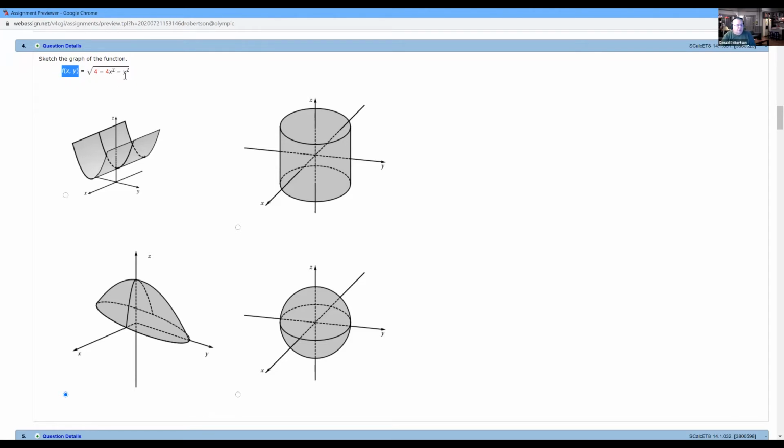Well, if you're looking at that shape there, do you see that shape there when you make it equal 0 as an ellipse? Isn't 4 take away 4x squared minus y squared essentially 4x squared plus y squared equals 4, and that's an ellipse. So I was looking for the shape that had an ellipse, which is that shape there. I'm not really convinced that that's obviously on the floor, but it probably should be.